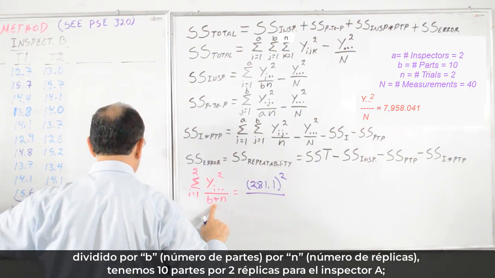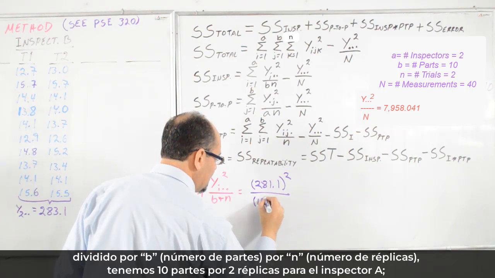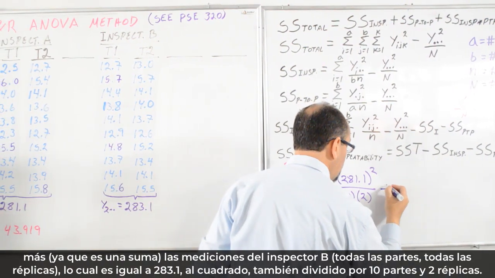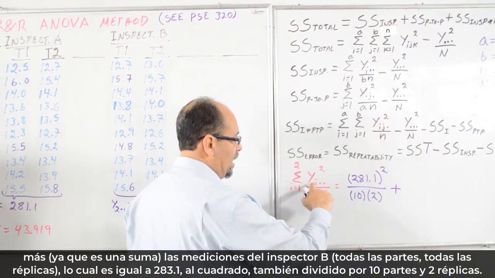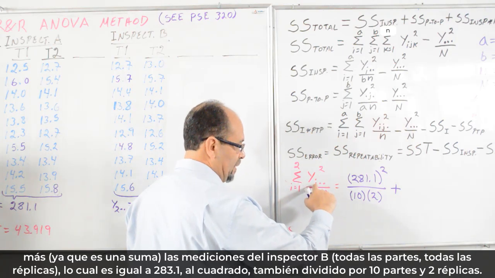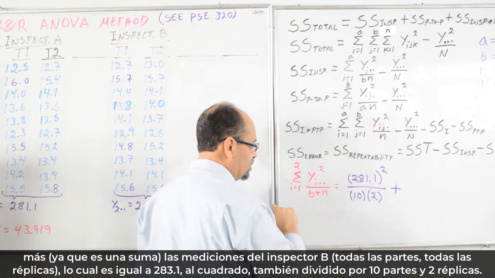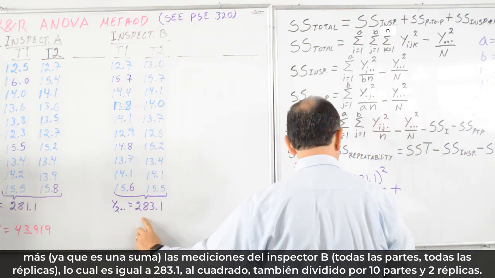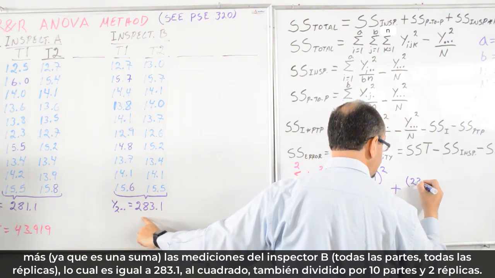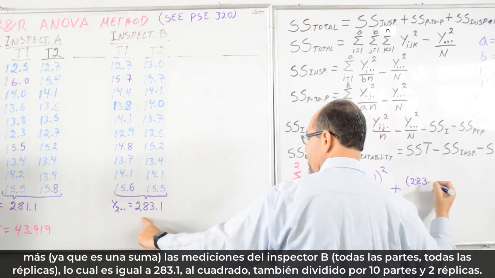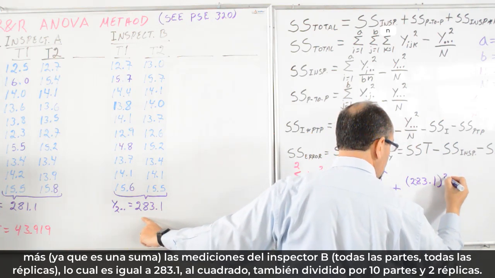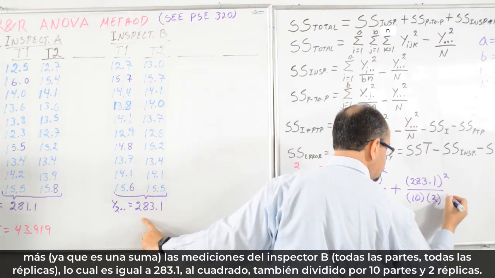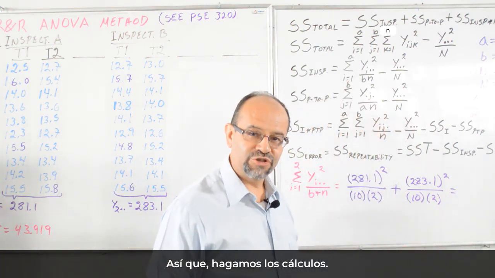We are having 10 parts times 2 trials for inspector A, plus, because that is the sum, the measurements of inspector 2, all the parts, all the trials. The measurements of inspector 2, all the parts, all the trials, is 283.1 squared divided by also 10 parts, 2 trials. Okay, let's do the calculations.